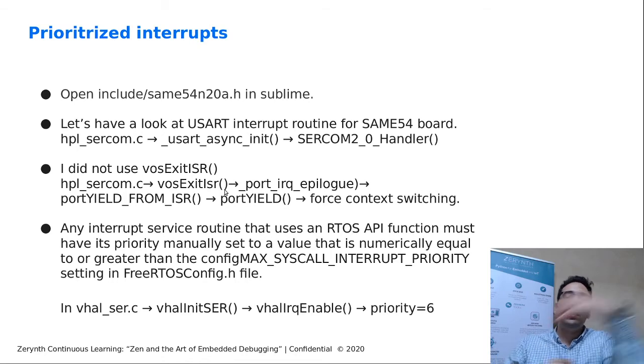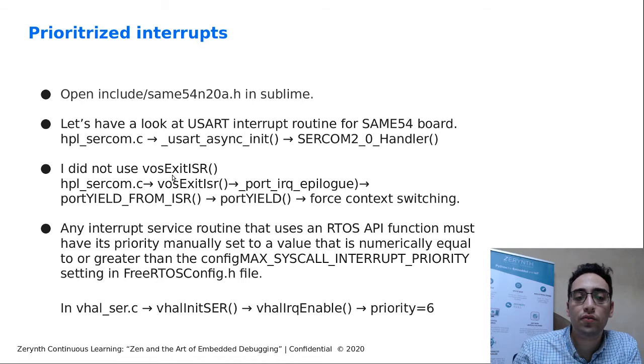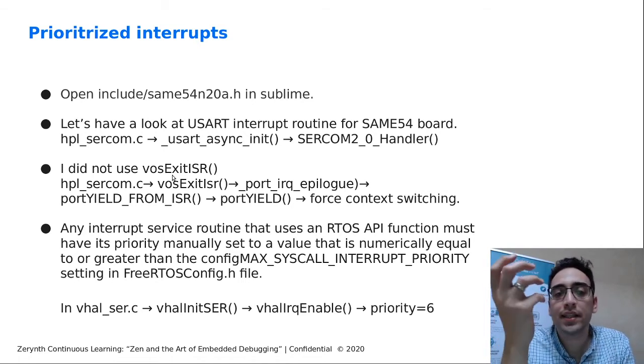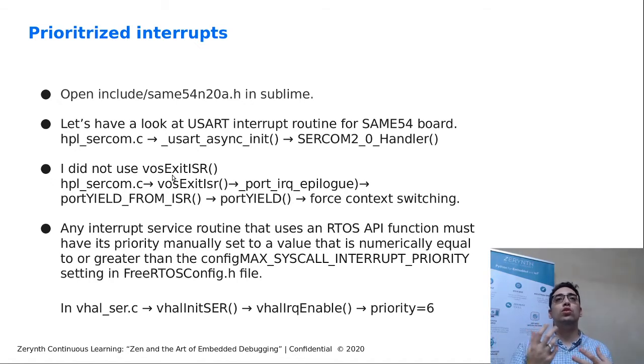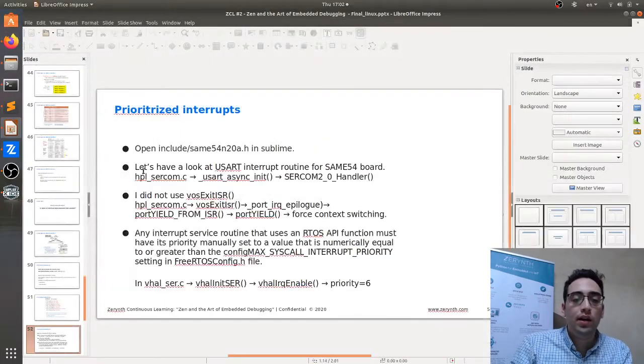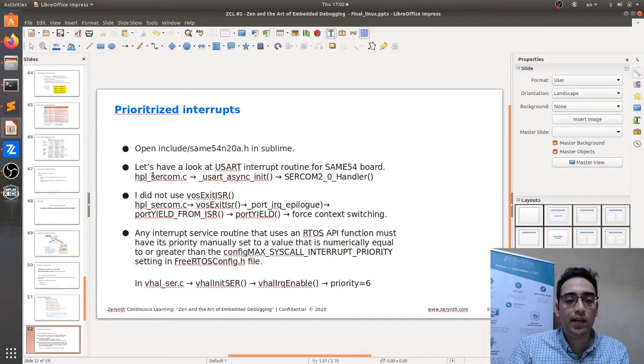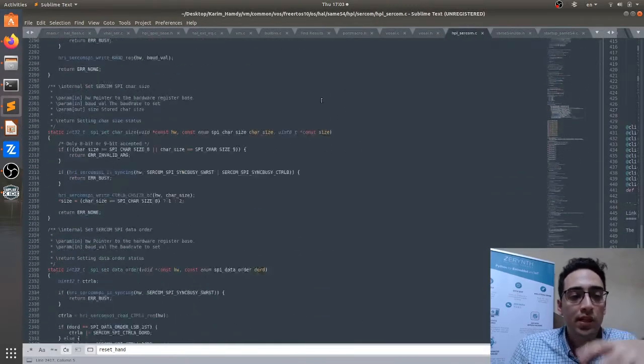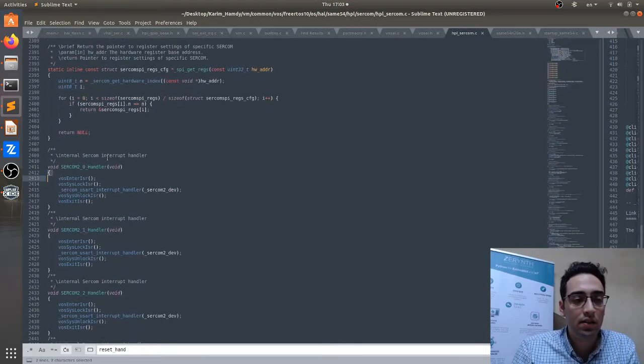So let's have a look at a piece of code of an interrupt service routine, how it is made, and how the microcontroller, or the operating system, knows that the ISR has finished and it should go back to the code. Let's have a look at hpl_usart, the hpl_sercom.c file.